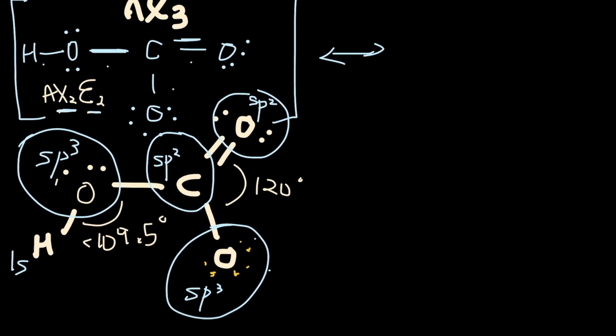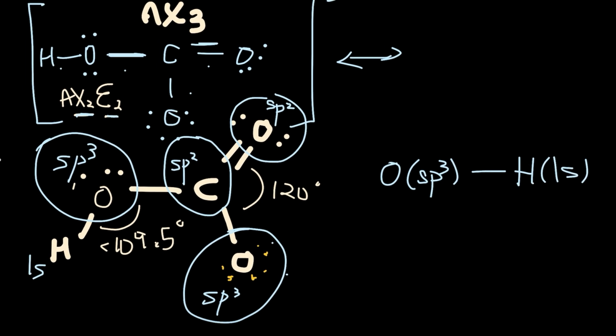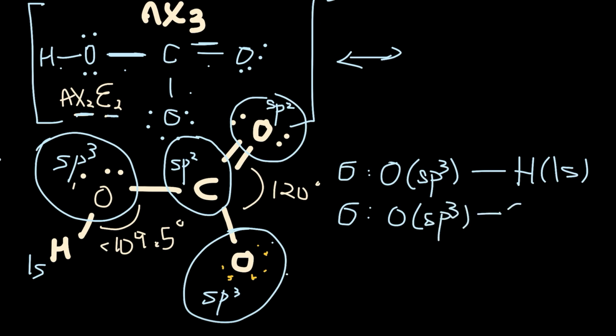So oxygen and hydrogen. Oxygen will use its sp3 to bond with hydrogen's 1s orbital, and any single bond will give you a sigma overlap. It will also be a sigma overlap between oxygen and carbon.